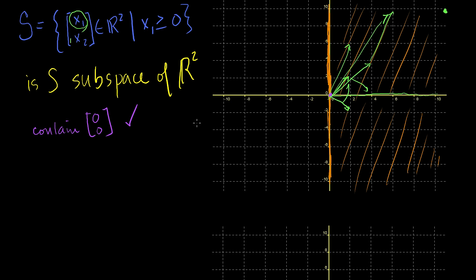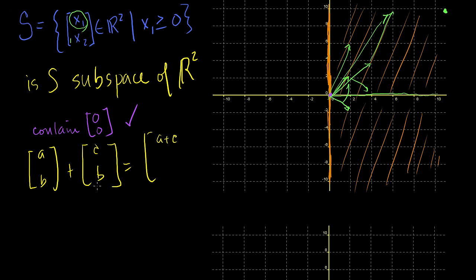that. And if I did it formally, let's say that I have two vectors that are members of our set. So let's say the first one is (a, b), and I add it to (c, d). What do I get? I get (a plus c, b plus d). So a plus c is going to be greater than 0, because a is greater than or equal to 0 and c is also greater than or equal to 0.